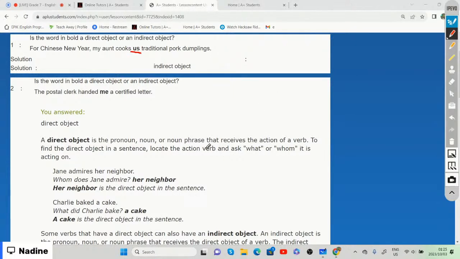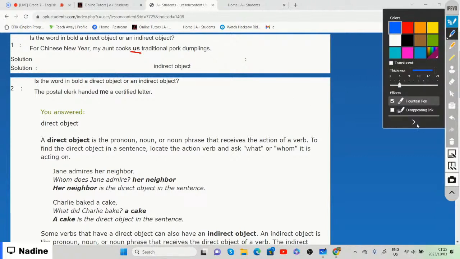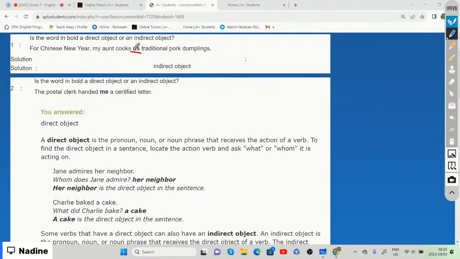Because we said that in order for us to locate the indirect object, it needs to be in between. Us, being the indirect object, is between the verb and the direct object, which is traditional pork dumplings.